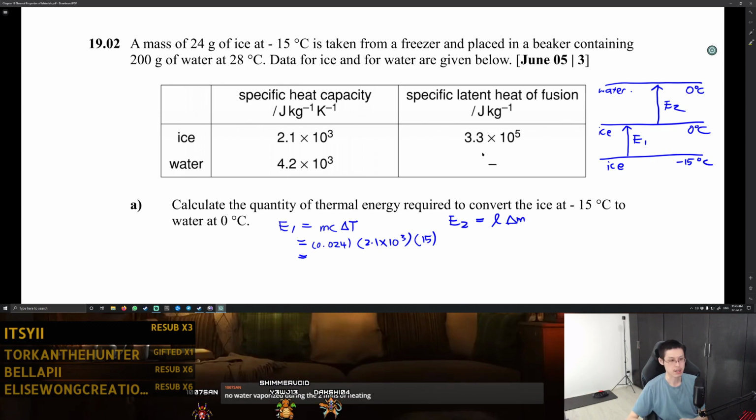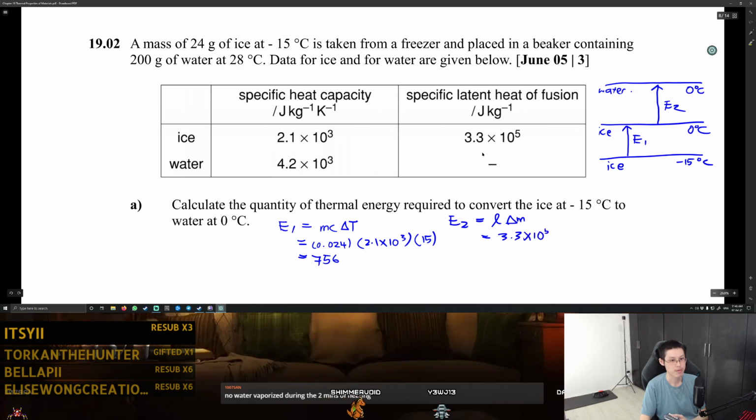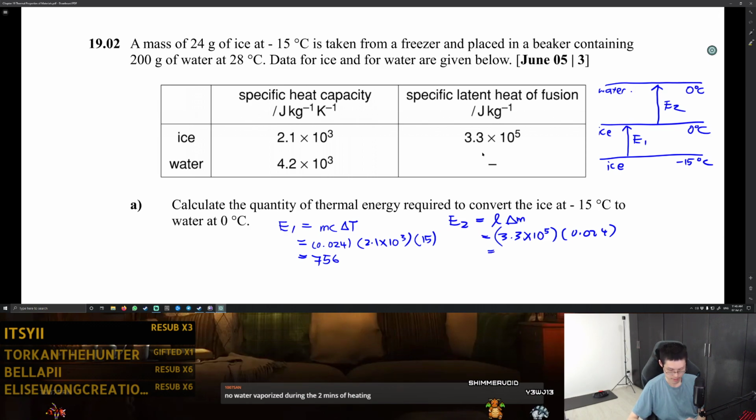Just put that in, and we get 756 joules. What about this one here? This one is 3.3 times 10 to the power 5 times 0.024, which gives 7,920.